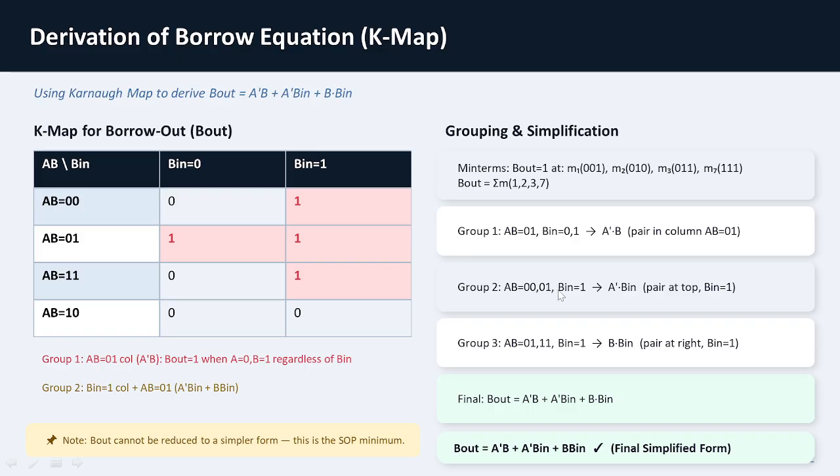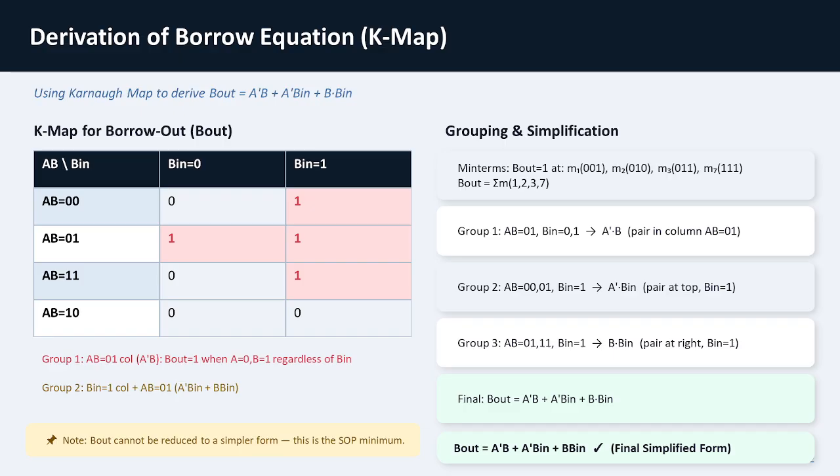For this kind of situation, just look at which value is not changing here. Look at this group, AB 00, 01. What is the value not changing here? A value, right? So you need to keep that value. The value that is not changing should be kept.